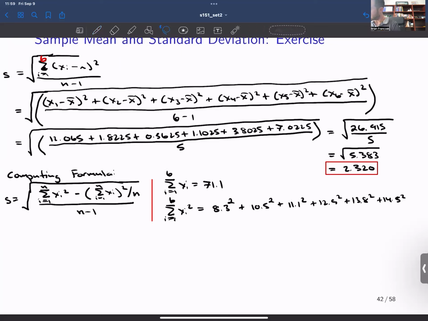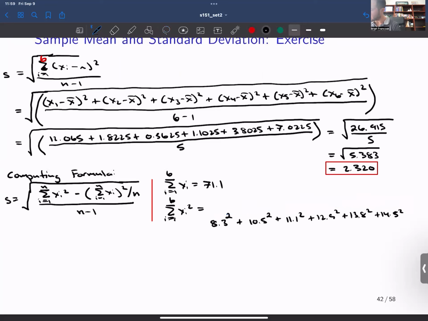And if you're not sure where these values are coming from, again, these are just the x1 to x6 values we labeled above. This is the same thing as x1 squared plus x2 squared plus x3 squared plus x4 squared plus x5 squared plus x6 squared. Okay. And that gives us 869.45.